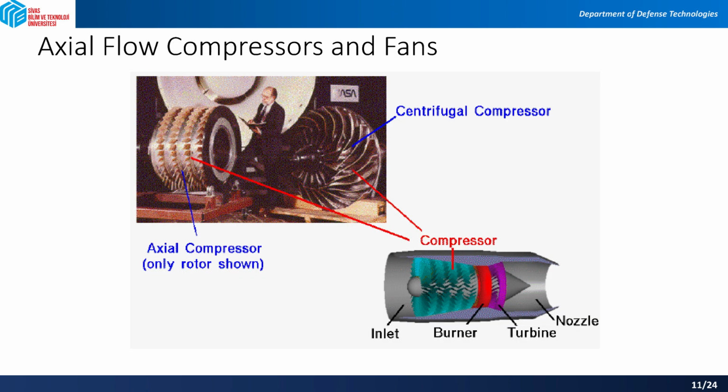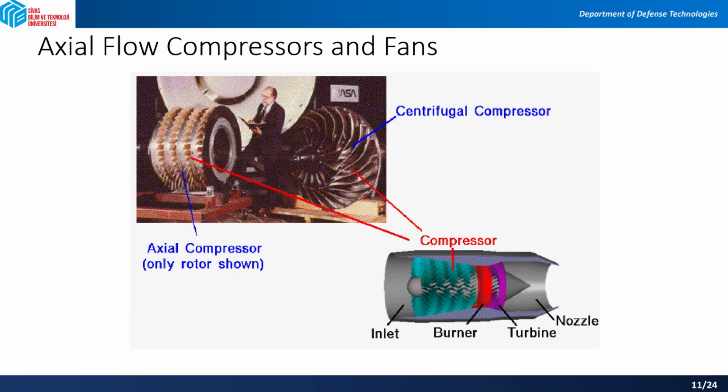Now let's go to the second part, that is actually the starting point of our real turbomachinery course, which is the axial flow compressors and fans. You remember that you had compressors and you had two types of them.